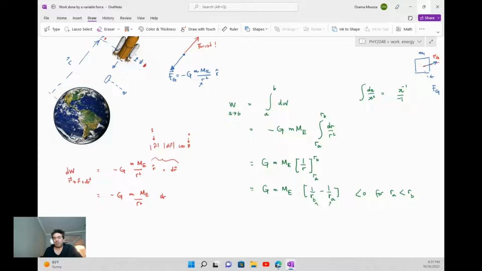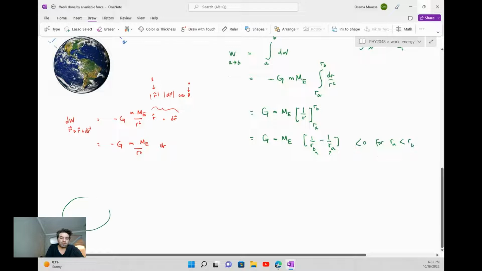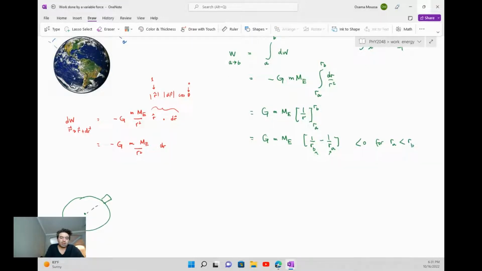So suppose I want to know exactly, if situation A is the rocket right on the surface of Earth, so its distance from Earth is the radius of Earth, and I want to launch it all the way to some location here that is a distance r. Then in this case, I can plug into this expression and calculate the work done to go from the radius of Earth to some r.